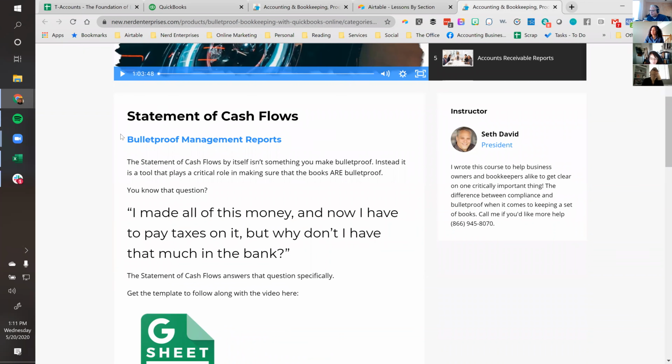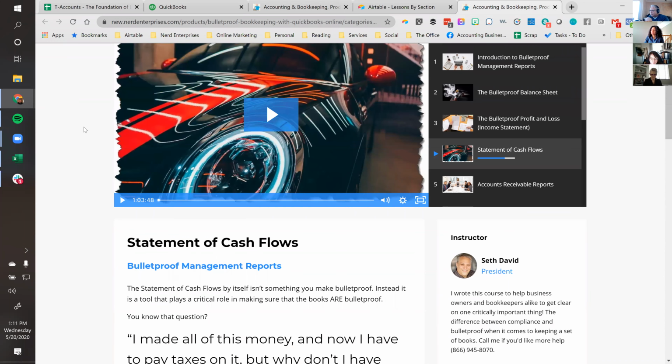It looks at the statement of cash flows, but similarly walks through a series of transactions with the T accounts where we look at the impact on the balance sheet and the profit and loss statement, and of course the statement of cash flows, so that we can completely and thoroughly understand the cycle of a transaction in any given set of books. So if you can get through what we're going to do today, the Bookkeeping Basics video, and this one, then you will have a super solid foundation.